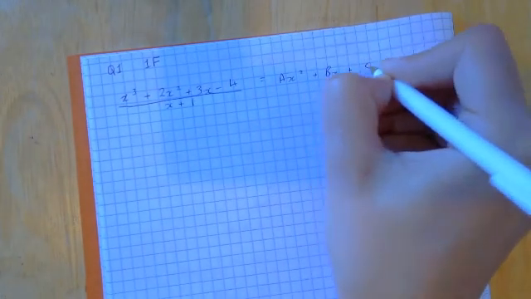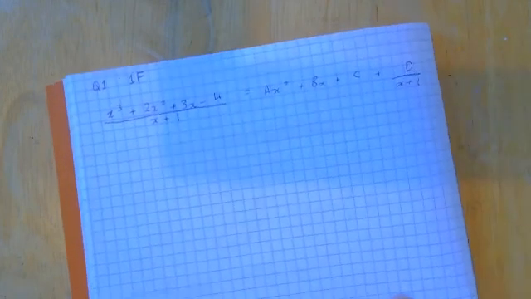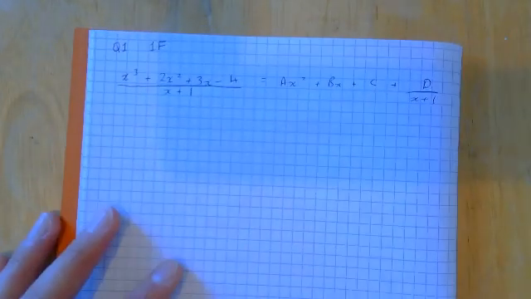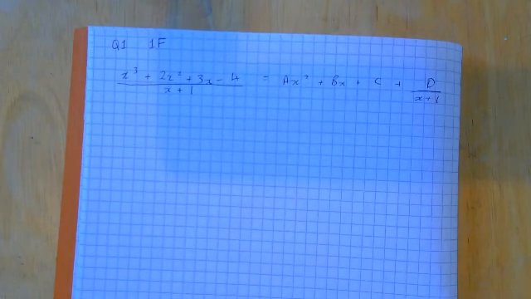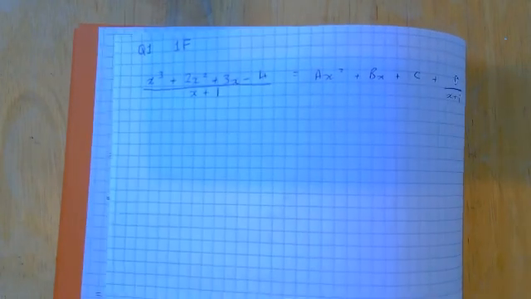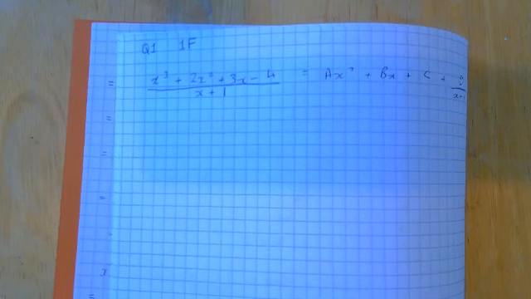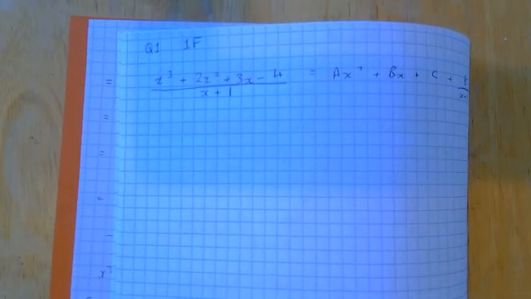And it wants you to write it in the form ax squared plus bx plus c plus d over x plus 1. All this is asking us to do is a division. We want to divide that numerator by the denominator, and then write our answer like this.